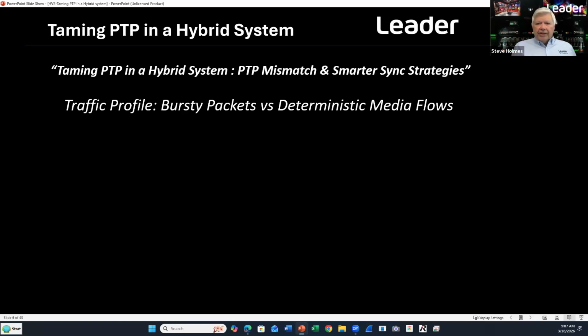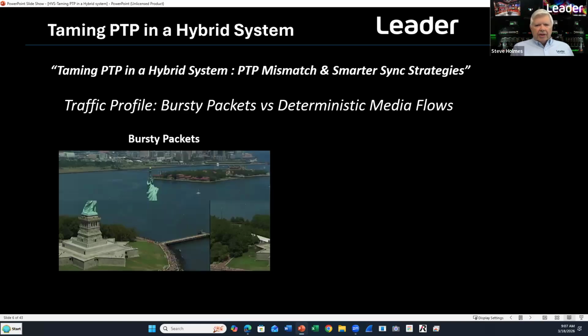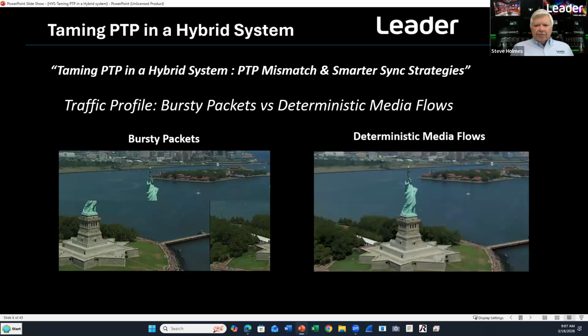So in looking at this stuff, we need to look at how things work, because bursty packets versus deterministic flows can really cause issues. One packet out of place can cause that picture on the left, because one packet in 1080 video is a quarter line of video.